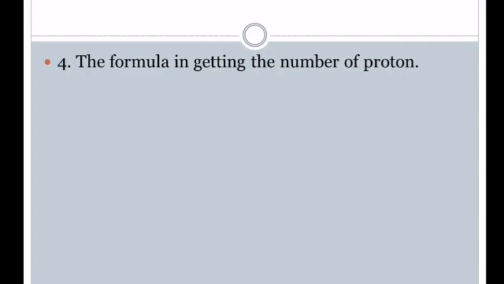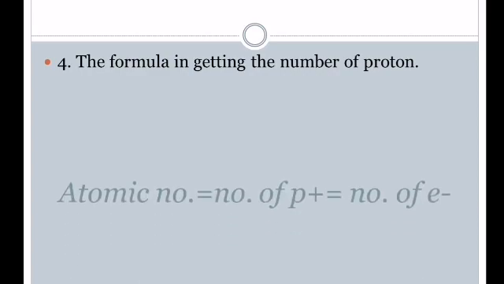Next, the formula in getting the number of protons. What is your answer? Yes, that is atomic number is equal to the number of protons is equal to the number of electrons.